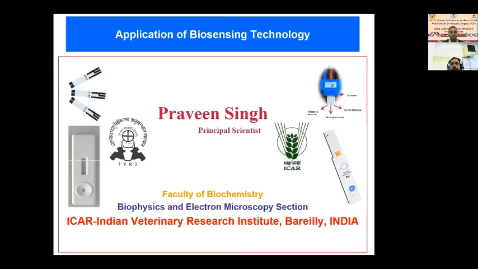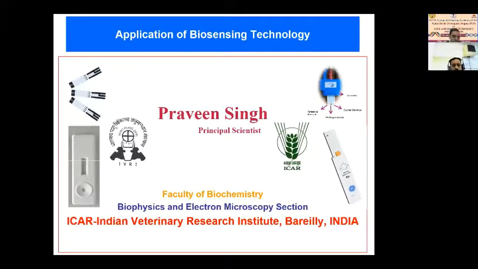In this slide, we have three prominent, important sensors that we have worked on, and they are quite visible here. On the left top, you have the electrode that is used in all your glucometers or other electrochemical types of sensors.